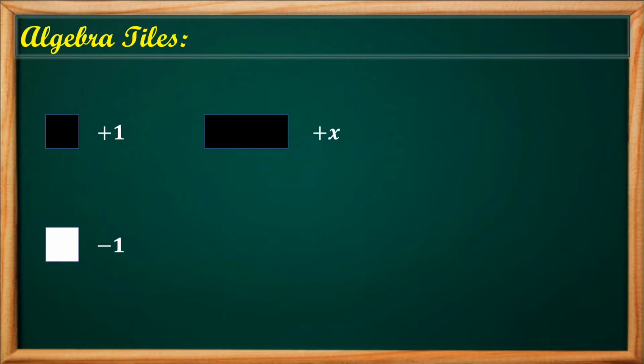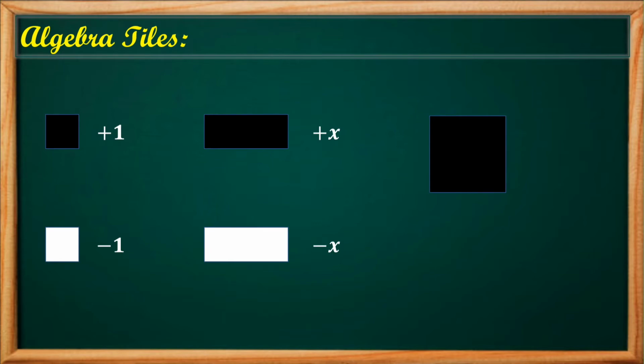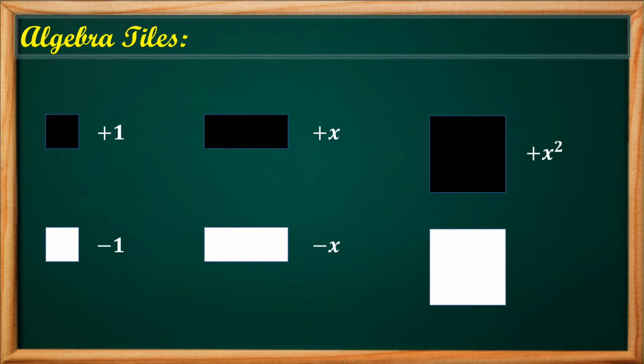Now, if we have a black rectangle, that represents a positive x. We have here our variable which is x. If it is white, it is negative x. If it is a big square, it means with an exponent. Remember, kapag black, it is positive. Kapag white, it is negative. Again, the small square is positive 1.